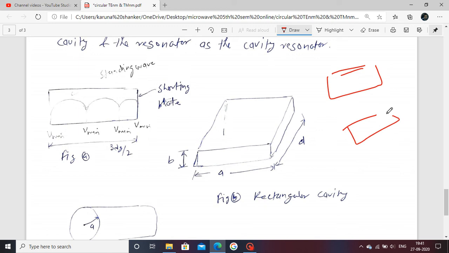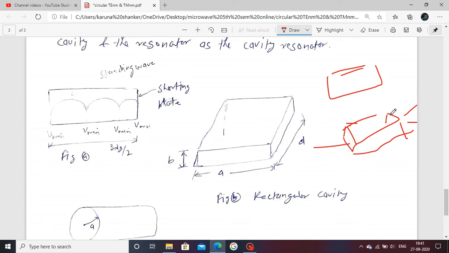Its input side is open ended and its output side is also open ended. The top and bottom are closed and the side walls are also closed. Only the input side and output side are open.